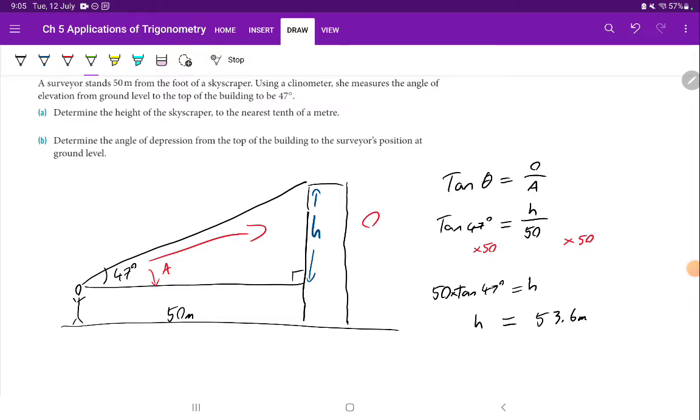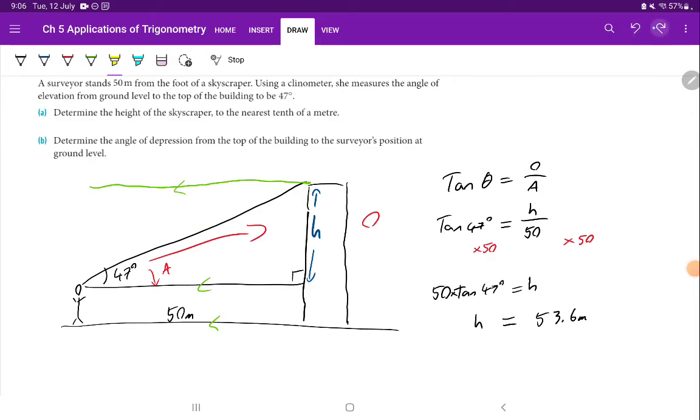The next question is interesting. Determine the angle of depression from the top of the building to the surveyor's position. Well, this is a parallel line to the ground. This is a parallel line to the ground, and this is the ground, so it's parallel to itself. If you have a look, we've actually got a Z rule happening here. We've got two parallel lines with a line in between. So we don't actually need to do any calculations.